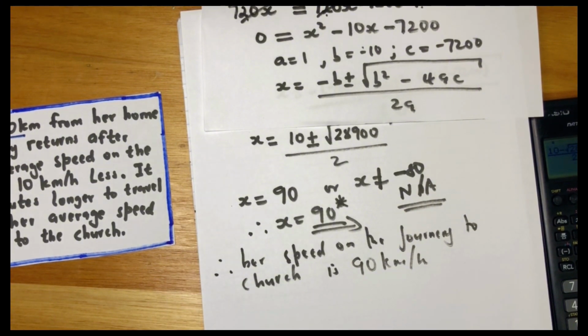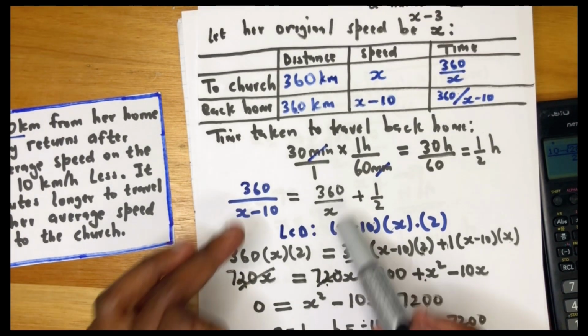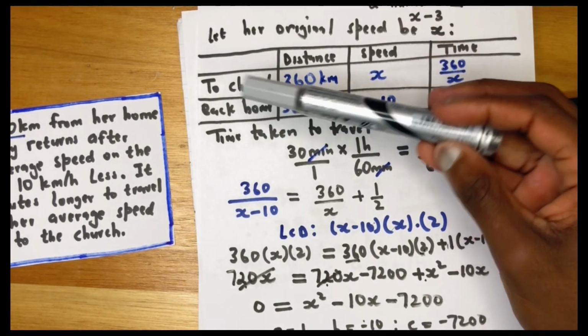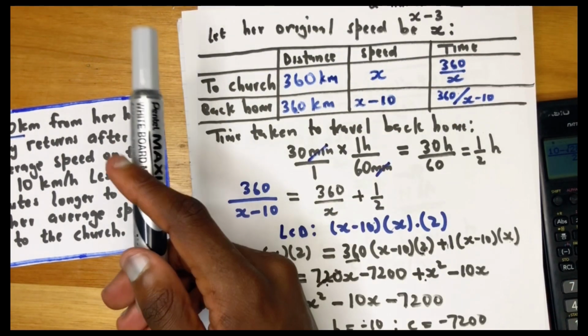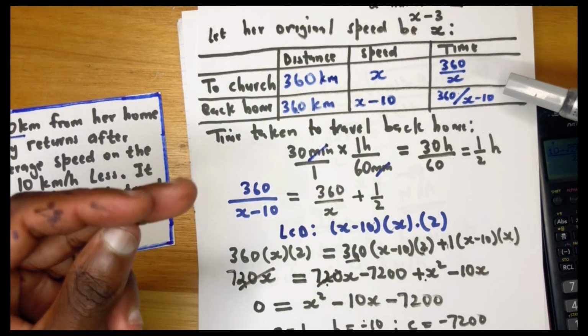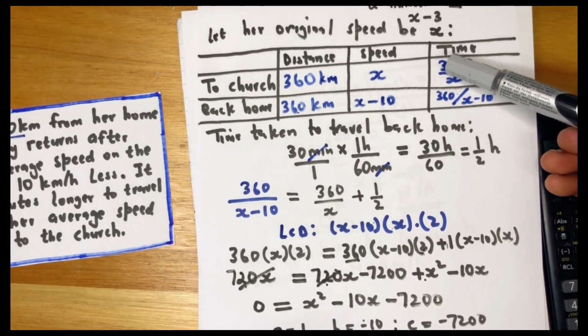Right, so I hope that we are together, guys. Remember, the tricky part here is to set up the equation. Remember, the time that took Ntombi from church back home was 360 over x minus 10. Then the time taken from home to church was this one, but there was a little bit of delay. It took Ntombi longer to travel back.